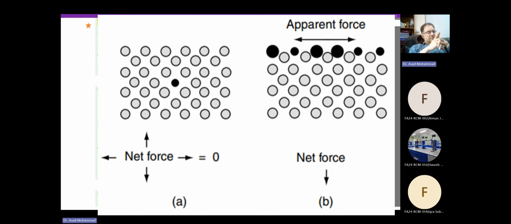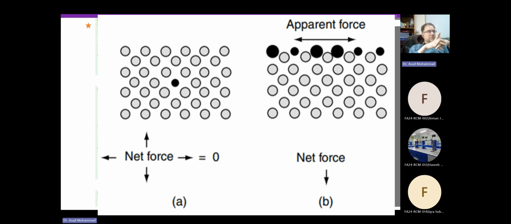Yet, as I said, the molecule in the bulk has the same probability of being present on the surface, and the surface molecule has the same probability of being present inside the bulk when you are talking about a pure liquid.